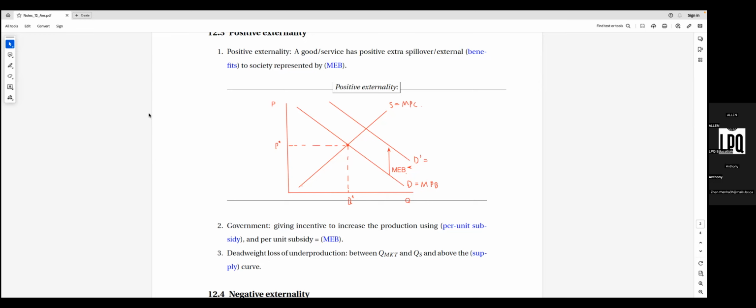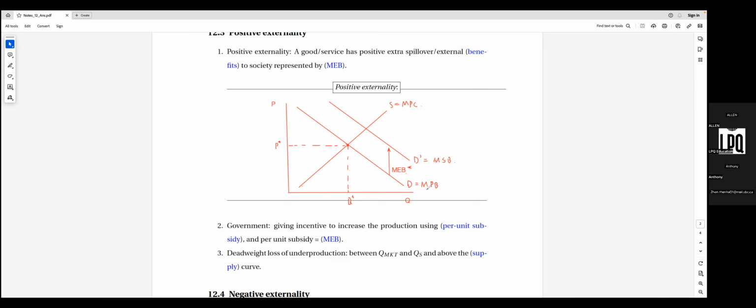And then the second demand curve, D prime, equals what you get if you add MPB and MEB together. You get something called MSB, the so-called marginal social benefit.